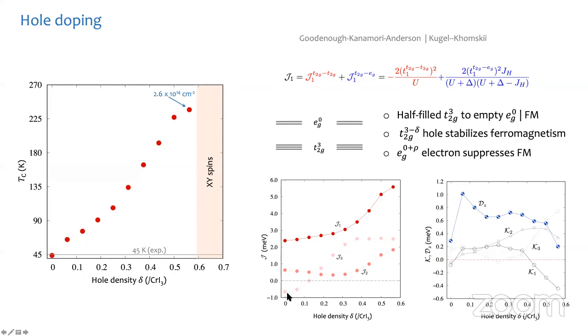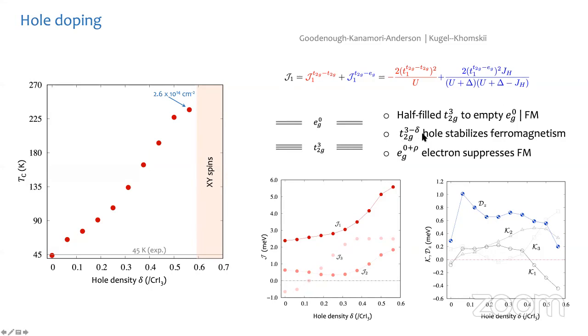Here also the important thing is that, to begin with, your J3 was antiferromagnetic, but as you dope more holes, it becomes ferromagnetic. So tentatively, one can explain these features this way: for the neutral case, we already know from the Goodenough-Kanamori rules that the interaction between the half-filled and empty eg orbital is ferromagnetic.